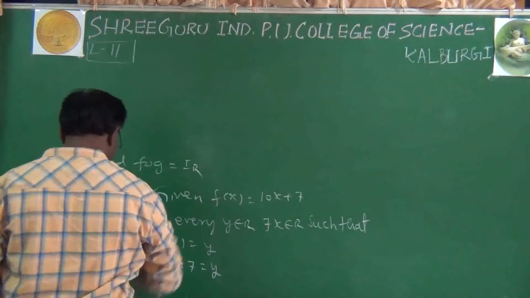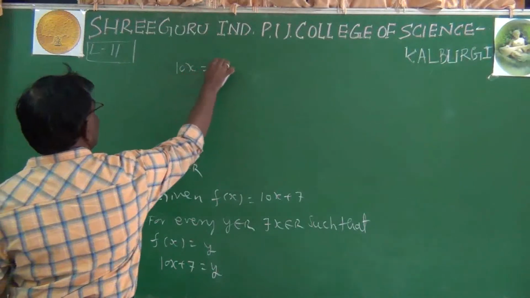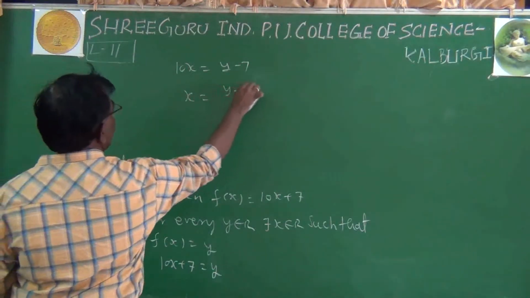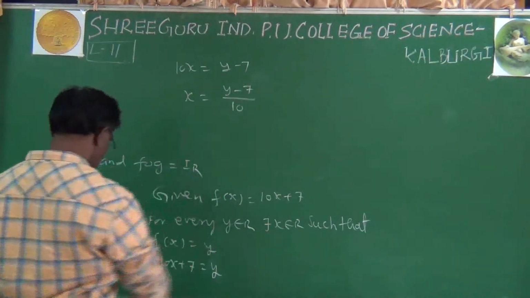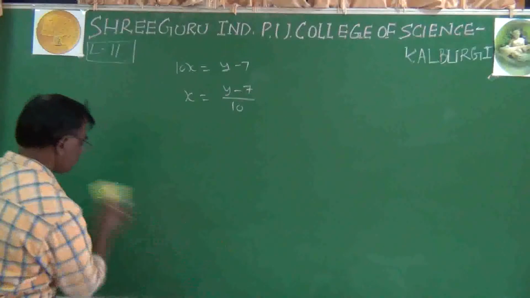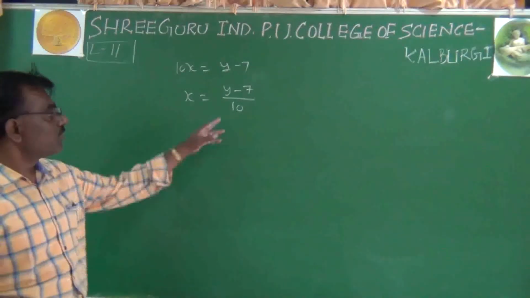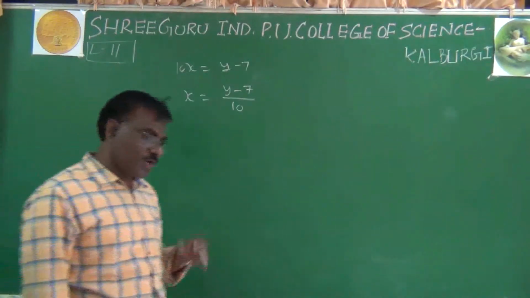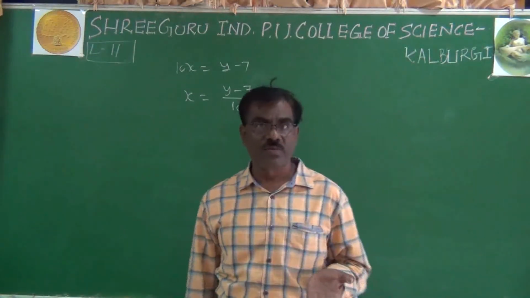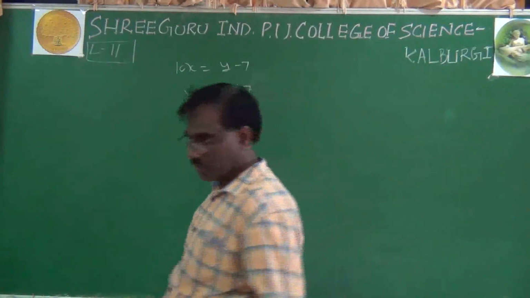But you can take x value in terms of y. 10x equal to y minus 7. What is x? x equals (y minus 7) by 10. So for every y belongs to R, there exists x belongs to R, x value in terms of y.